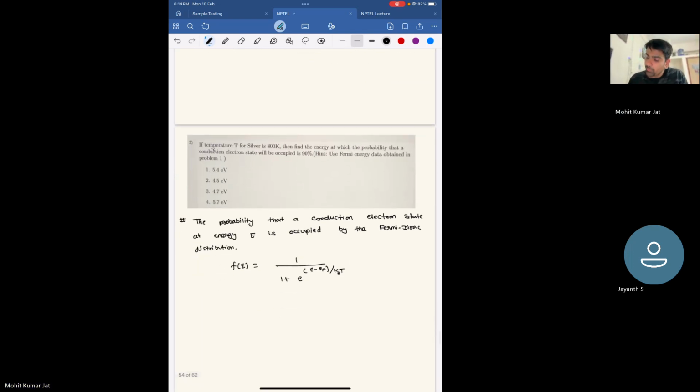So here E is the energy of the electron, the carrier. Ef is the Fermi energy.